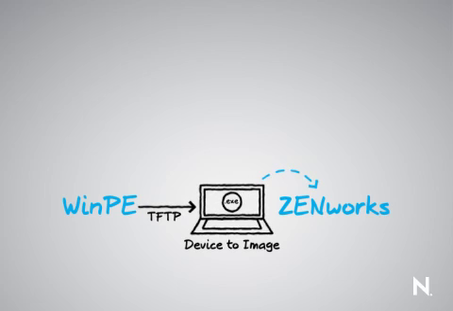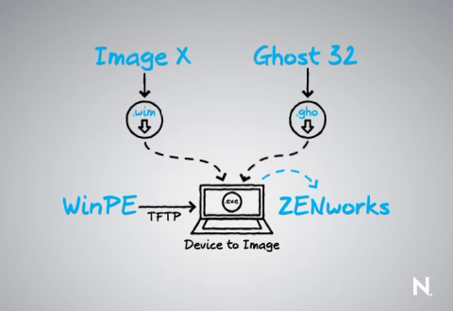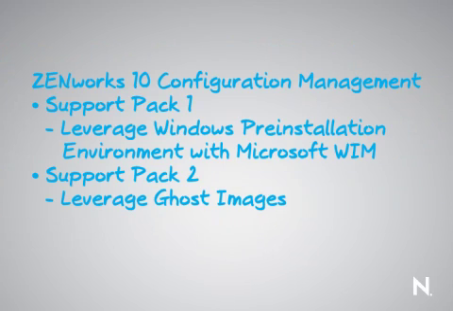Once we're able to identify what imaging work needs to be done, in the event of a WIM image, we'll bring down ImageX, which is the Microsoft image engine, and in the case of Ghost, we'll bring down Ghost32. That will then be run in the WinPE environment, causing that image to either be restored or created, depending on your configuration. This gives you the flexibility to pick the tool that best works for you in whatever situation you may have. Thank you for joining us.